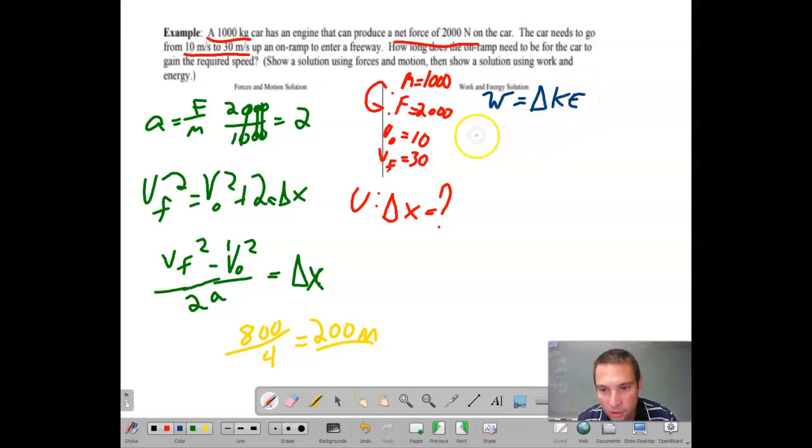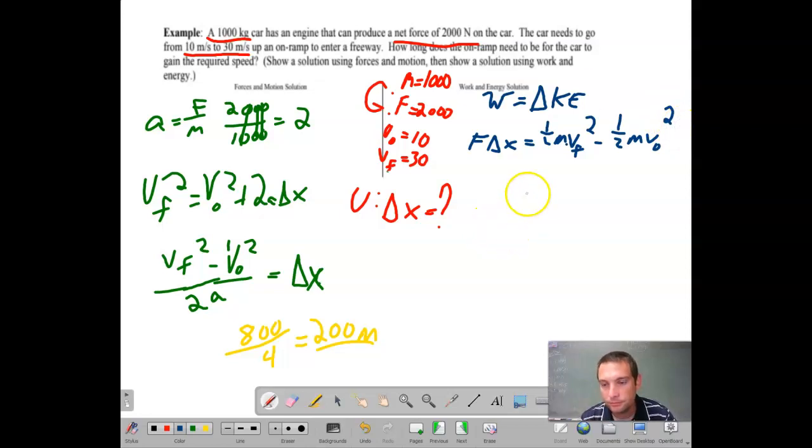We know that work equals force times displacement, which equals 1/2 m vf squared minus 1/2 m v naught squared. Be careful here. Remember to square your final velocities.